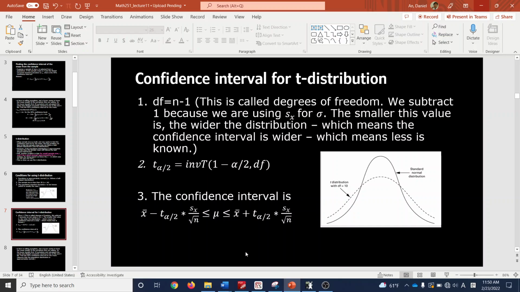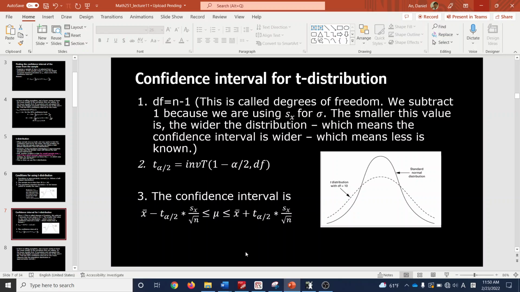However, if you go to the t-distribution, you have different curves depending on this number df, the degrees of freedom. And the degrees of freedom means how many values are truly free. Now, here you do n minus 1 because out of the n samples that you pick, you're using the value of the sample standard deviation, Sx, right?